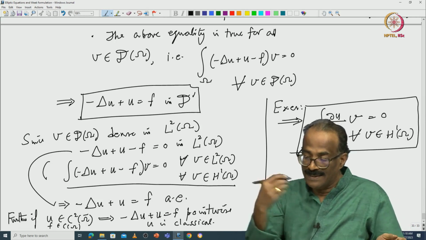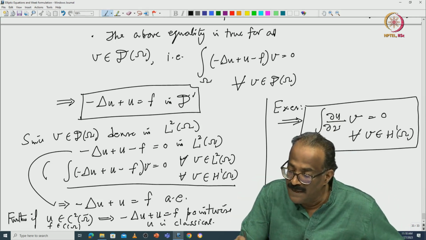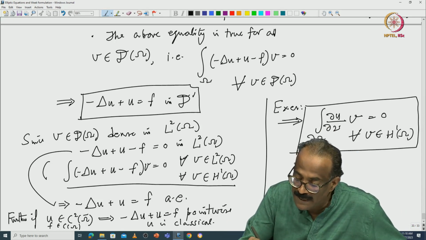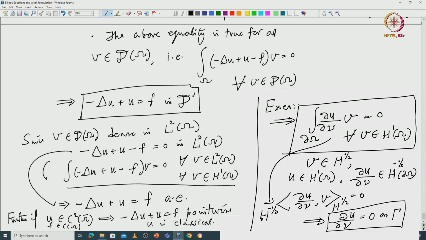Okay. And that is the meaning when v is in H1 of omega. So, one way to think is that v is in H half of omega, so that u is in H1 of omega, that is a solution you have done. So, you can interpret du by d nu as an element of H minus half of the boundary d omega.